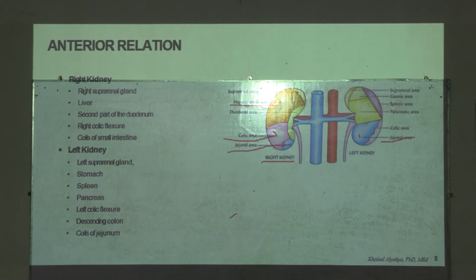Similarly, on the left side, we can find one crescentic area above and most medially, which is in relation to the left suprarenal gland. Another crescentic area, above and laterally, is created by the spleen, and that is called the splenic area.